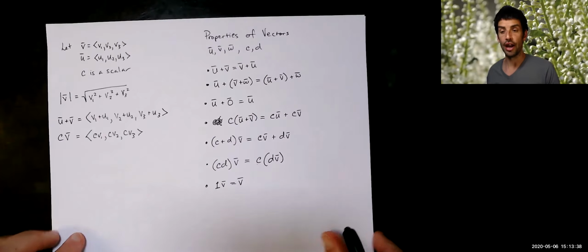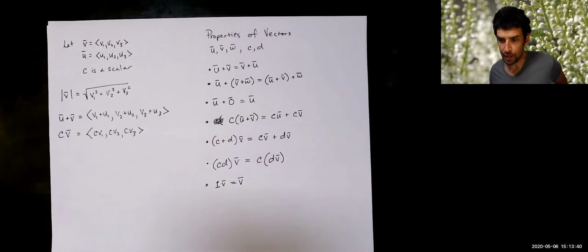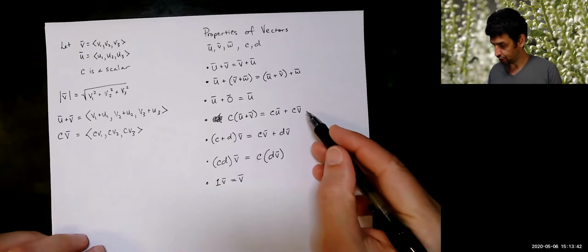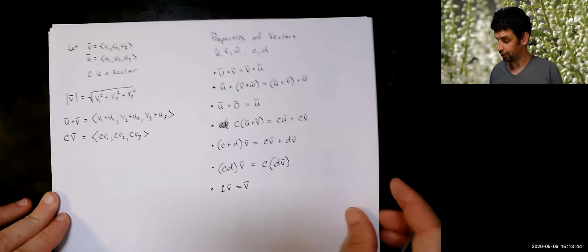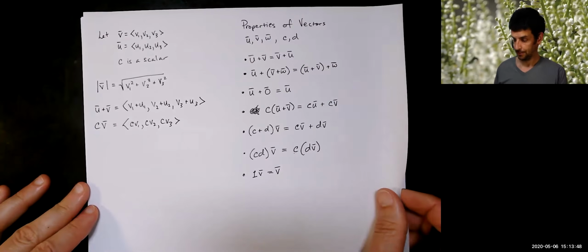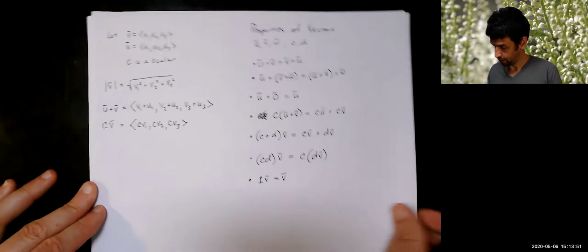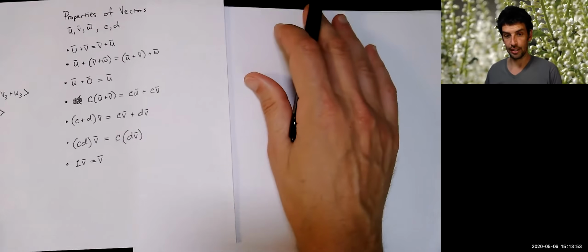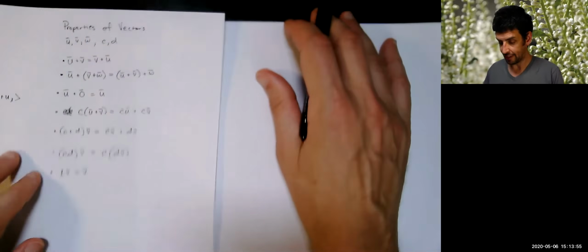Okay. So I don't want to go through all of them, but I'll just pick one to do. Let's show this one, distribution. I'll show it abstractly and then do a quick example.